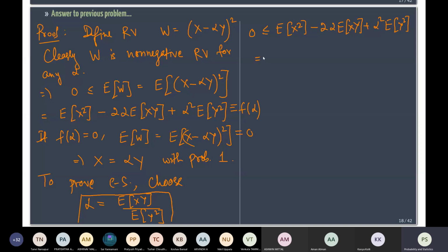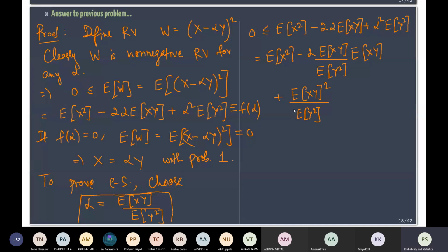This will be the expectation of x square minus 2, and substituting alpha, xy divided by expectation of y squared, multiplying with expectation of xy, and then plus alpha square, again expectation of xy whole square divided by expectation of y squared, and then whole squared, multiplying with expectation of y squared.